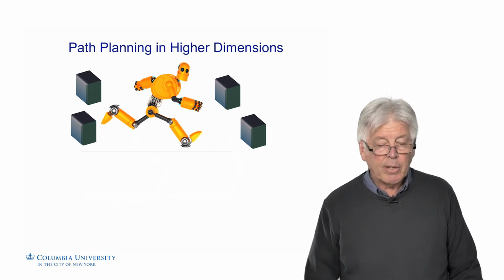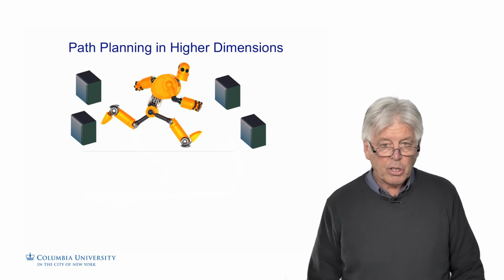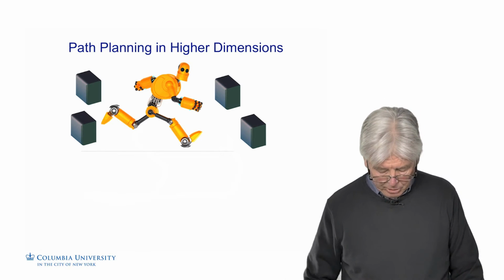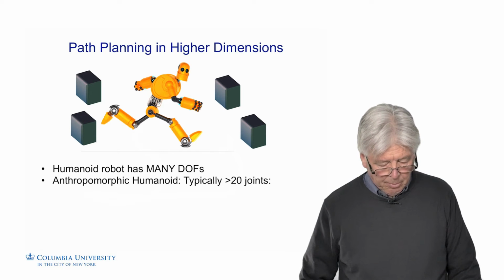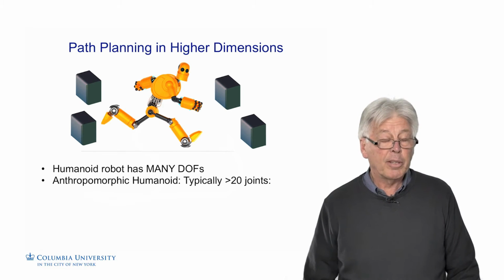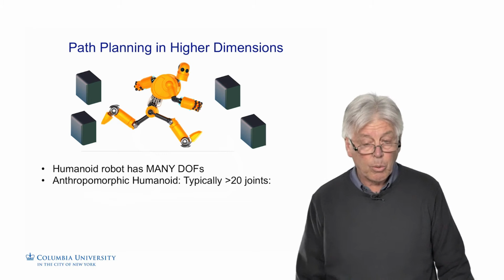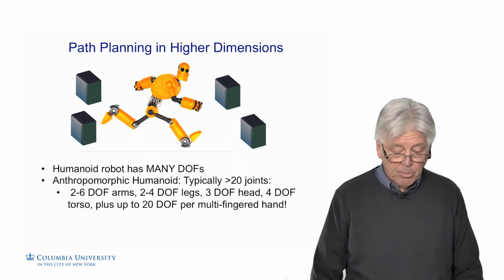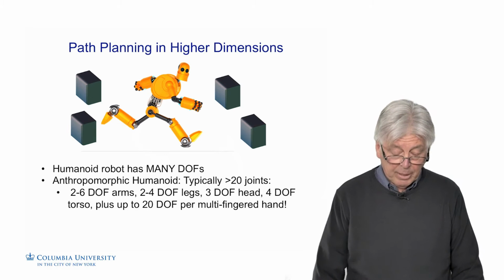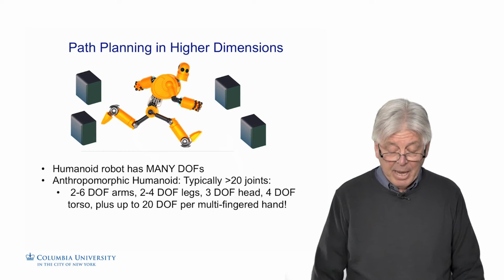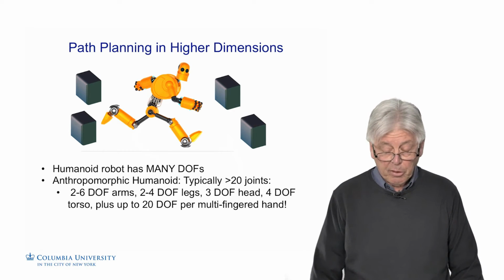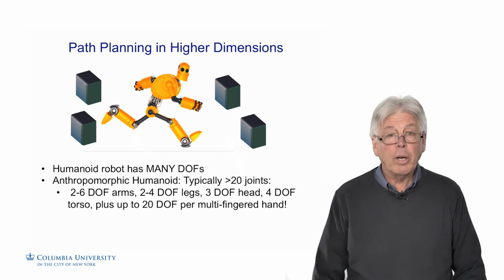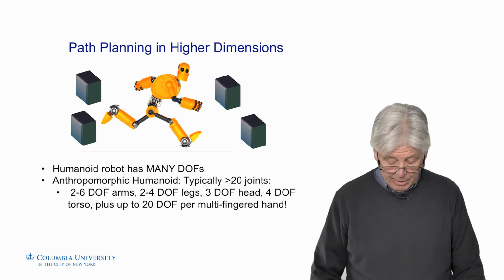And we can even expand this to even higher dimensions. Here's a humanoid robot, which has many degrees of freedom. You can see that an anthropomorphic humanoid usually has typically greater than 20 joints. So for example, you might have 2 6-degree of freedom arms, 2 4-degree of freedom legs, a 3-degree of freedom head, a 4-degree of freedom torso, plus up to 20 degrees of freedom per multi-finger hand.